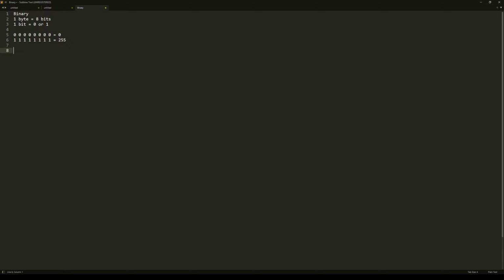A byte, or these bits, can be a combination of zeros and ones, so you could have 1 0 1 0 1 0 1 0. You could have 1 1 1 0 0 0 0 0 0 1 1 1, etc. And each of these will have a different value.